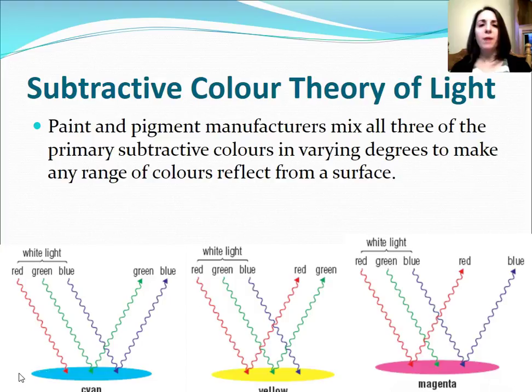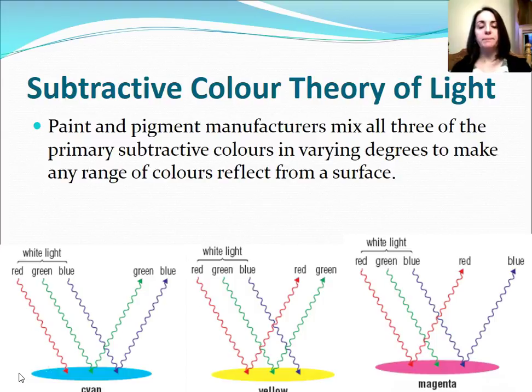So the primary subtractive colors will be combined or mixed in different amounts to make a whole range of colors that can reflect from a surface. If you have an inkjet printer and it's a color printer, you might have 3 different color cartridges, and you'll know that there's cyan, yellow, and magenta, and those will combine to produce color on the page that you've printed out from your computer.